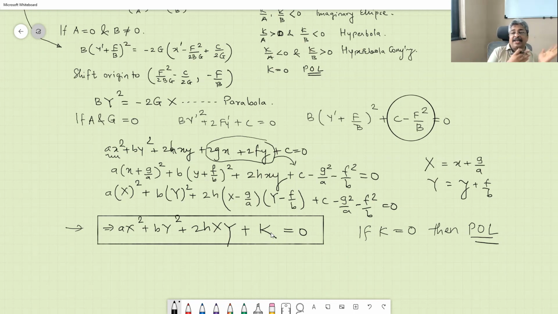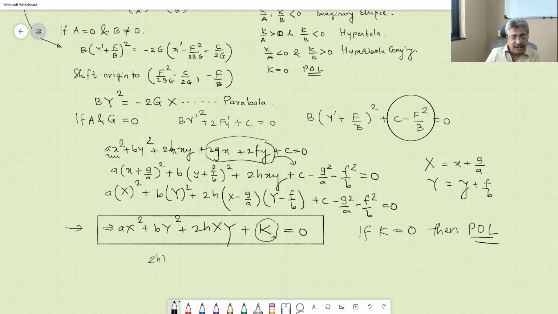That is what is telling us that it is because of this k you are ending up being hyperbola or ellipse. However, it will be hyperbola if asymptotes are real. If asymptotes are imaginary, then it is ellipse, and that gives us the characterization of this homogeneous part.